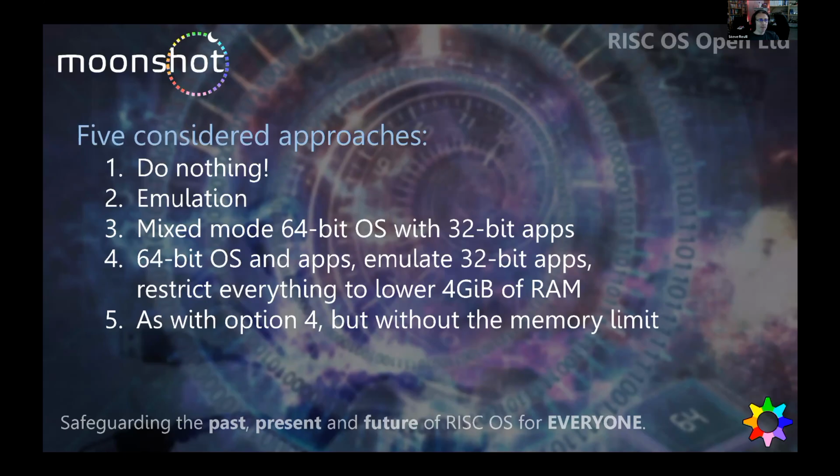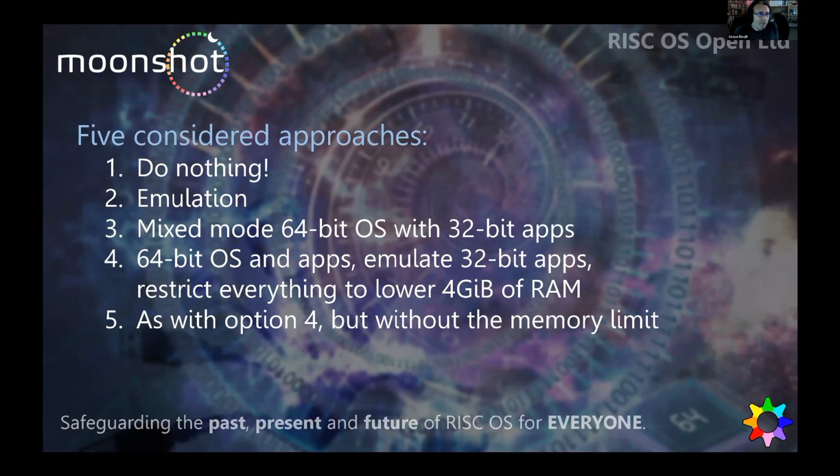So emulation is a sticking plaster that gets you something, but it's not in any way fixing RISC OS to be 64-bit. So in a way, it's kind of hiding from the problem.